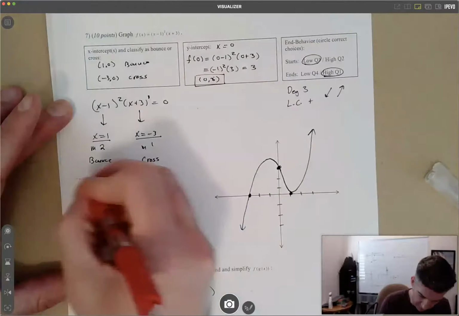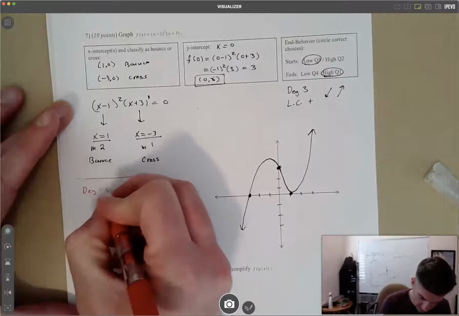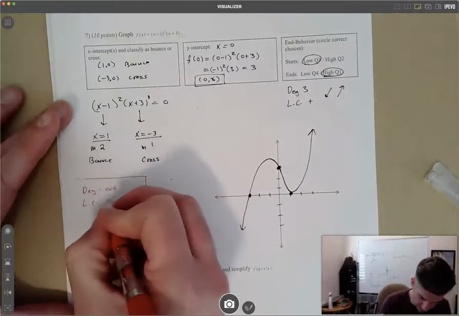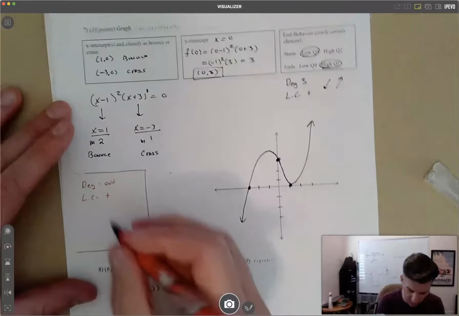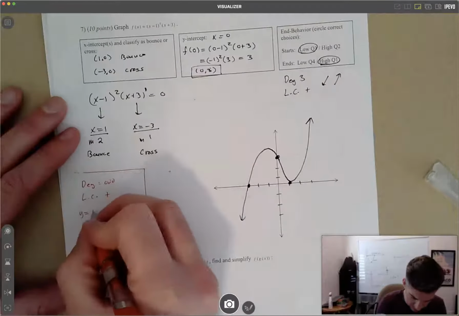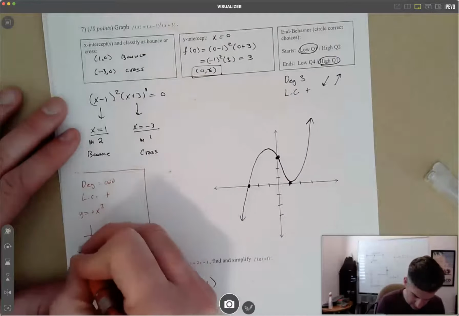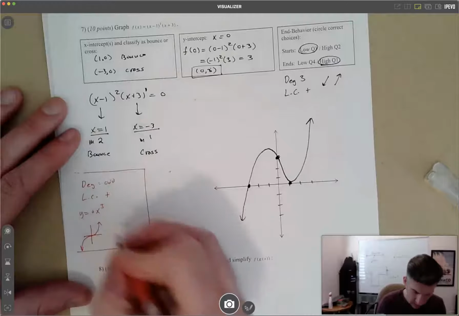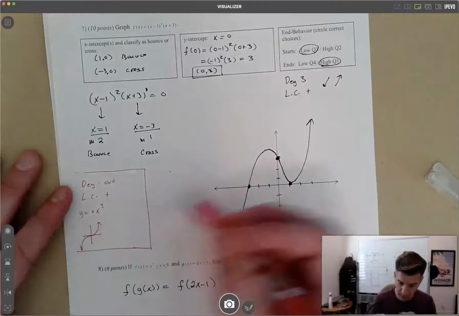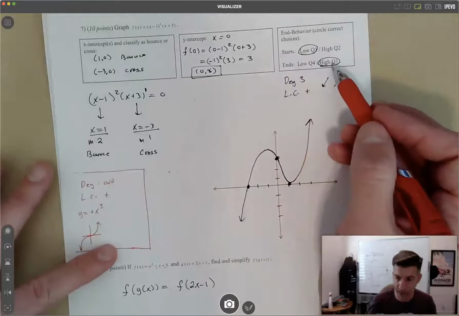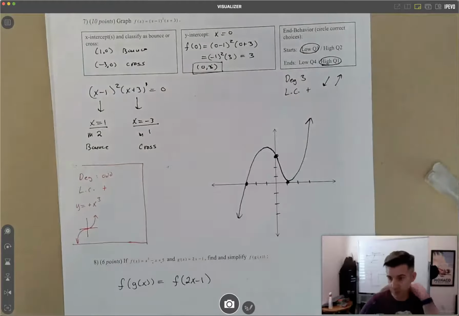If I see the degree being odd and the leading coefficient being positive, one example I think of in my mind is y equal to positive x cubed. And I know that looks like this, where it's down on the left and up on the right. So it starts low and it ends high. That's honestly what I'm thinking of when I think about it.